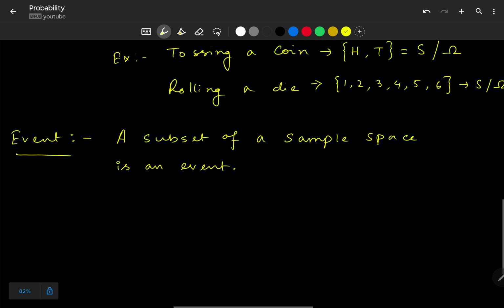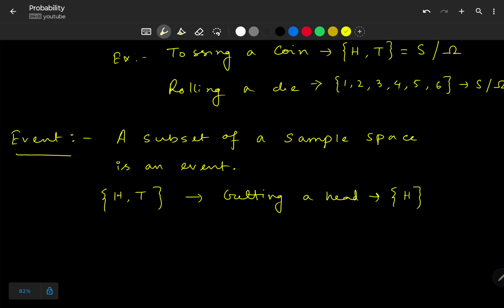The third one is event. So, an event is a subset of a sample space. Now, for tossing a coin, the sample space is head and tail. If we write getting a head, that means we will receive head only.